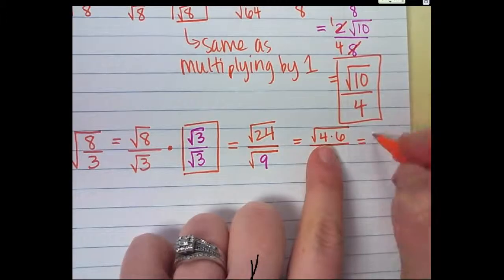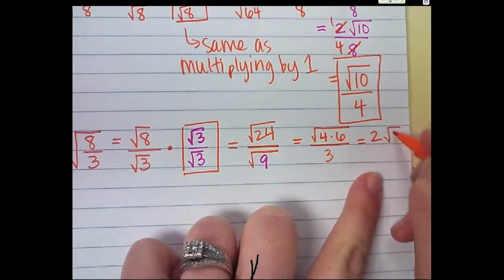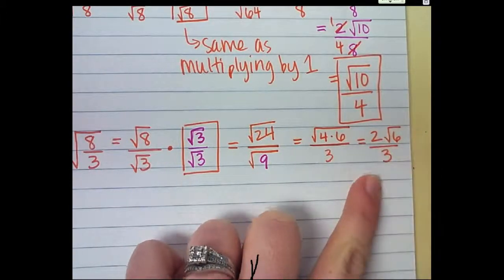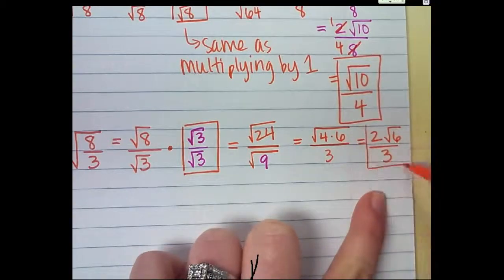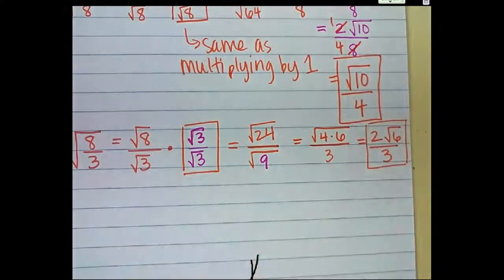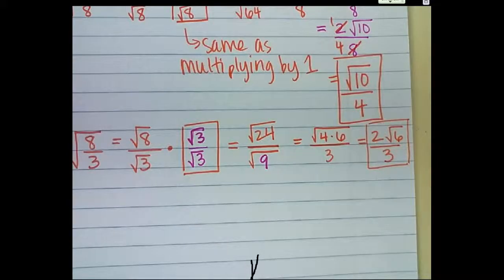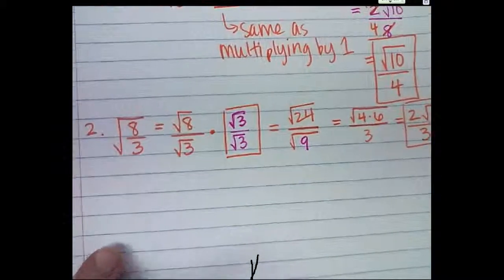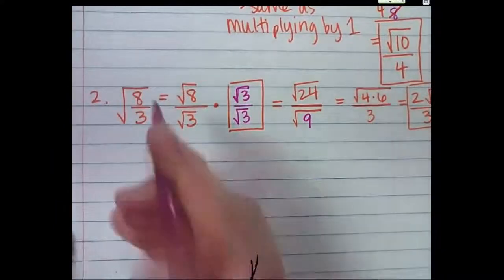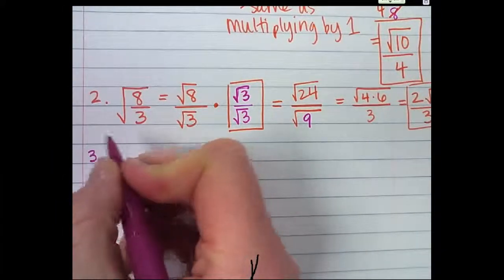Okay, so I'll pull out the 2 from the 4. 6 stays on the inside, and 3 on the denominator. Not horrible, right? Okay. And it doesn't really get that much worse. I mean, it'll move away from just single numbers like right now, but it's not bad.